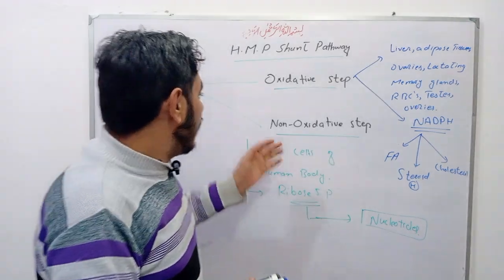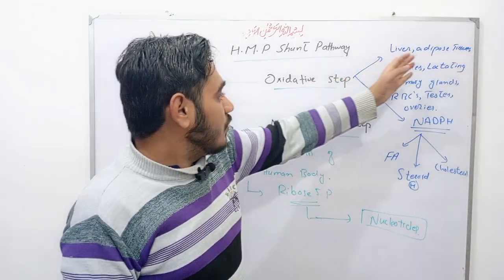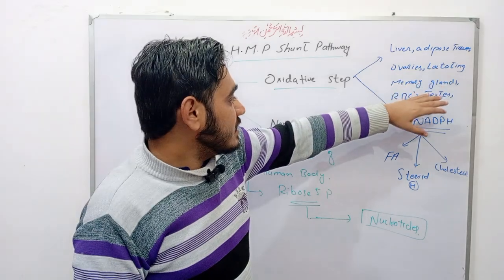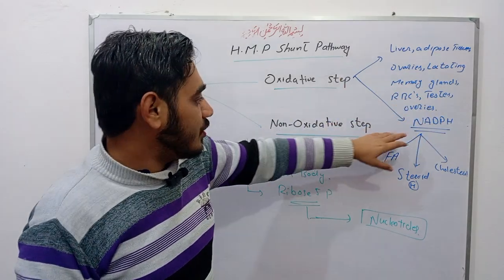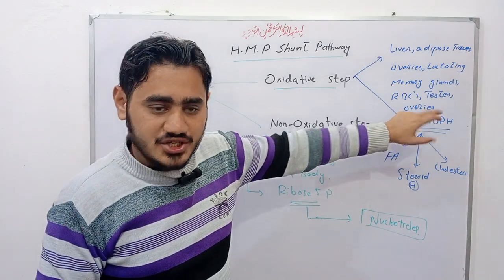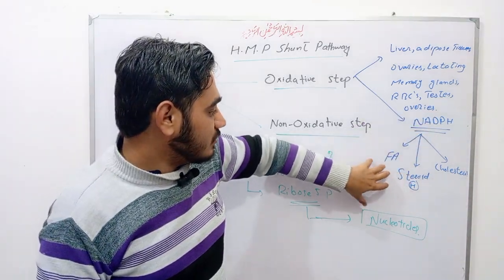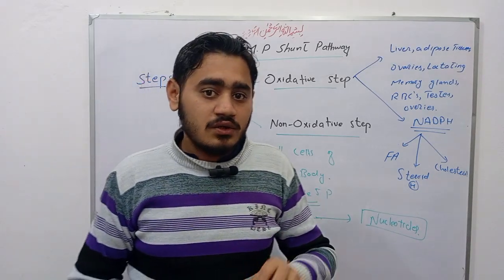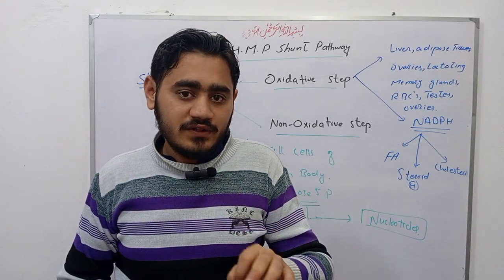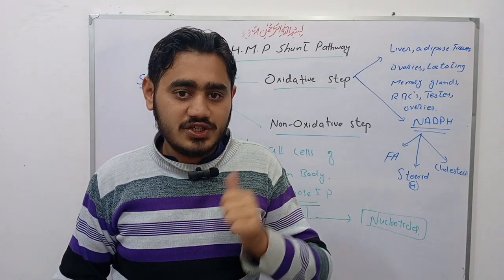Now, the oxidative step occurs in the liver, adipose tissues, ovaries, lactating mammary glands, RBCs, testes, and ovaries. It is very important in the synthesis of NADPH, which is very important in the synthesis of fatty acids, steroid hormone, and cholesterol. Friends, now coming toward the pathway of the HMP shunt.